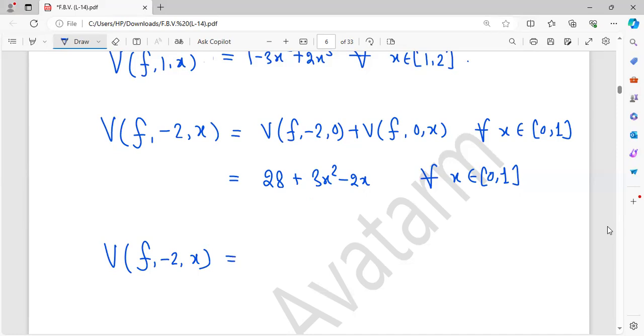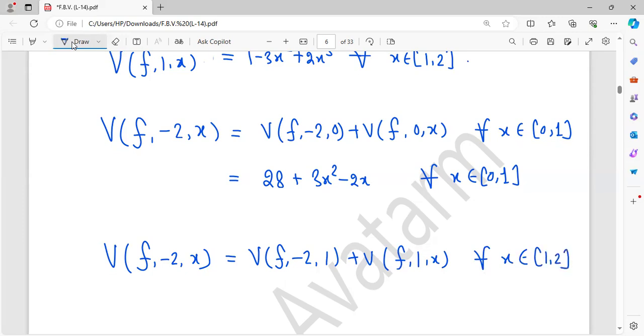So I can write it BF minus 2 to 0 plus BF 0 to 1 plus BF 1 to x for all x belongs to 1 to 2.